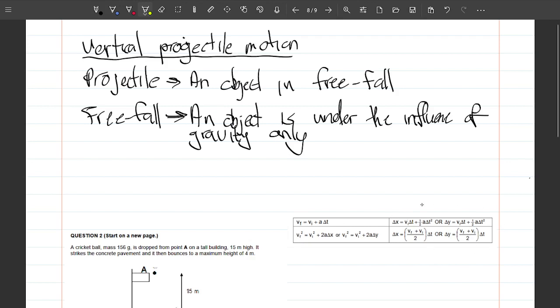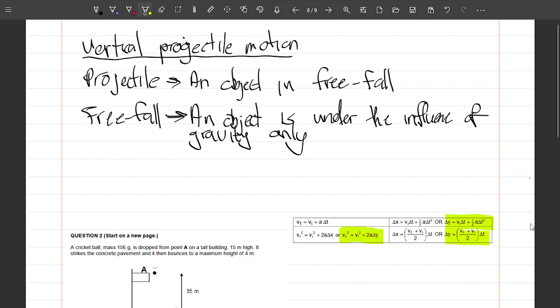We only work with those formulas that have a y, because we're working with vertical. In this case, this has an x, this has a y, I'll take the y one. So no x's for vertical projectile motion.